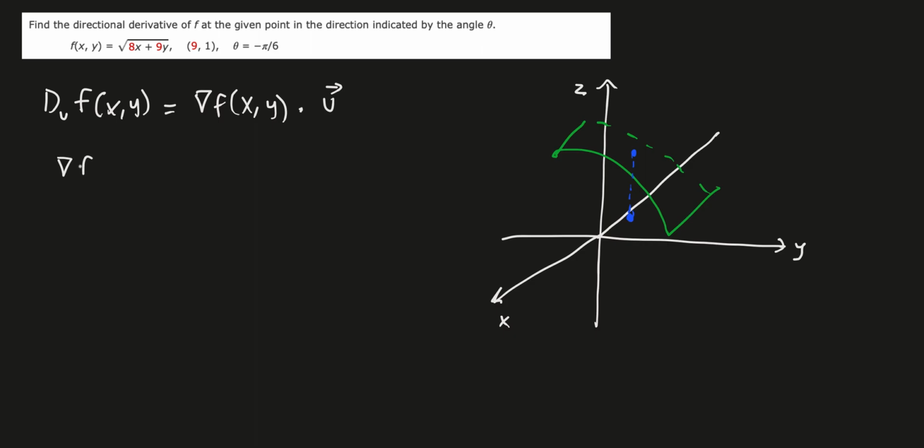So our gradient is the composition of all partial derivatives. So it's the partial derivative of our function with respect to x, and then the partial derivative of our function with respect to y.